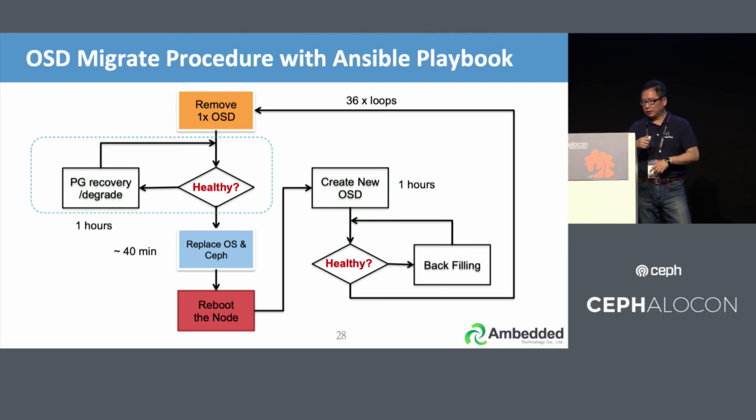Totally we made 36 loops of this. If there is any error, we can just stop before the next step. The Ansible playbook checks every step before it goes to the next step.